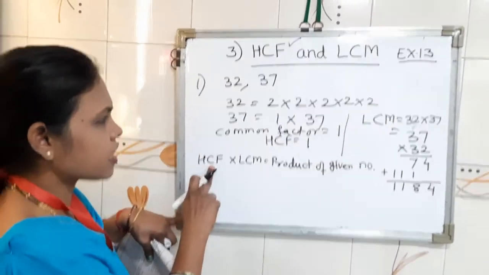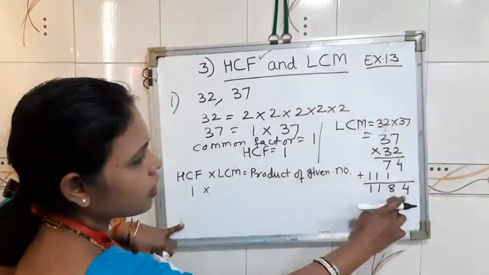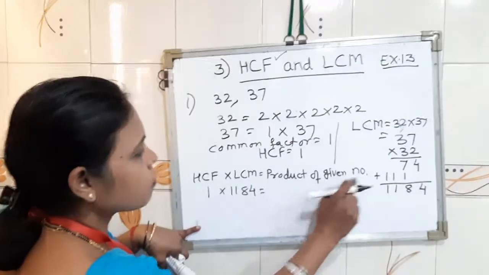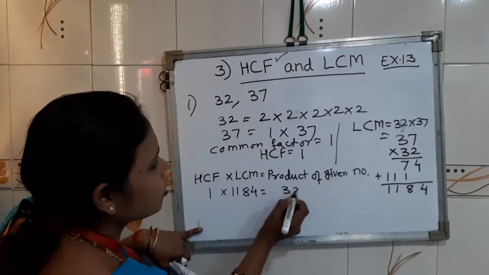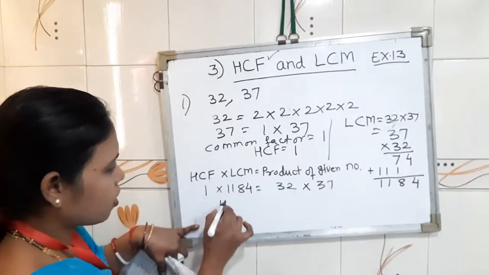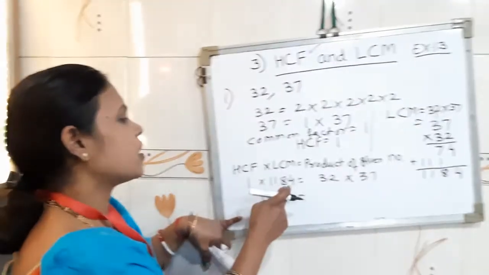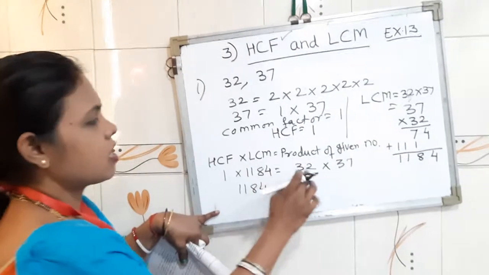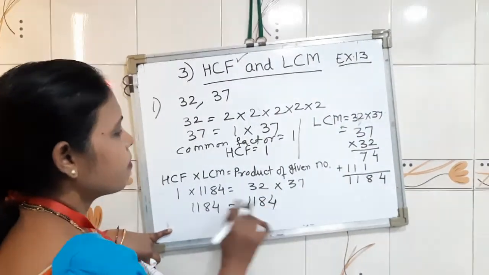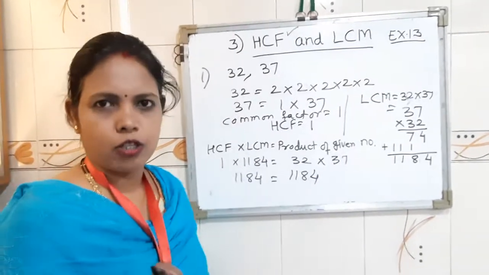So children, HCF you got 1, LCM you got 1184. Here the product of given numbers is 32 into 37. So children, here 1184 will remain the same because 1184 into 1 is the same only. Now here we already got this one, 1184, means both sides are the same. I hope you all understood.